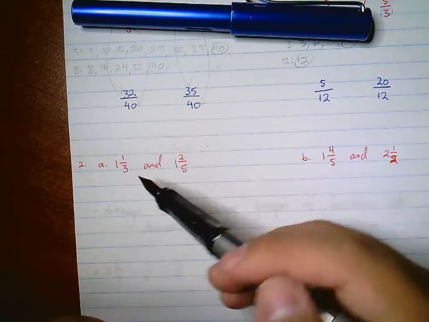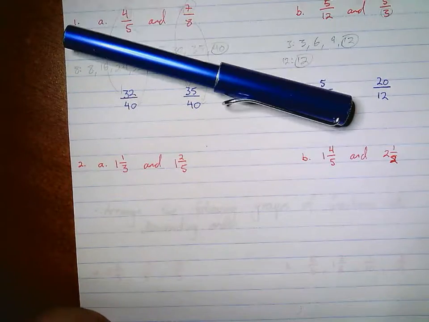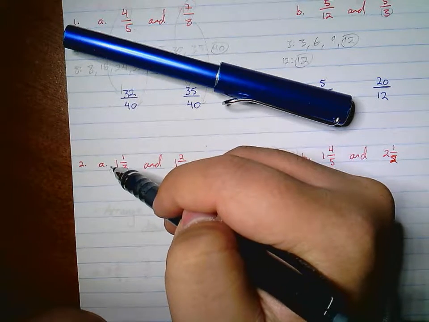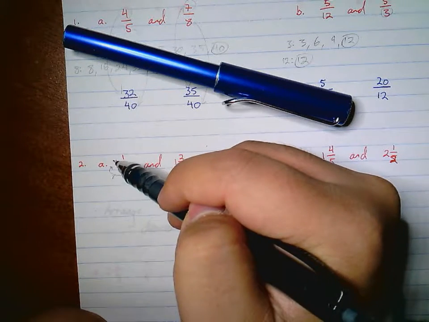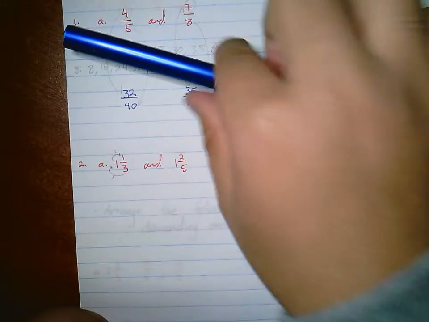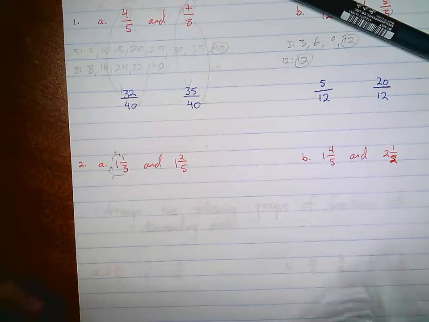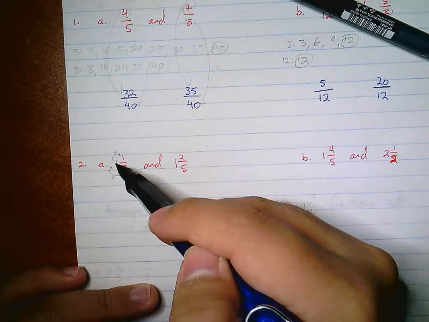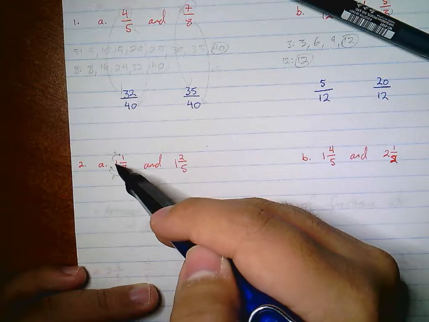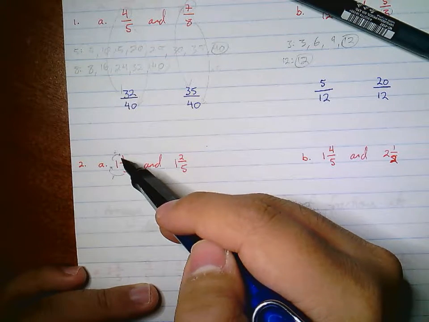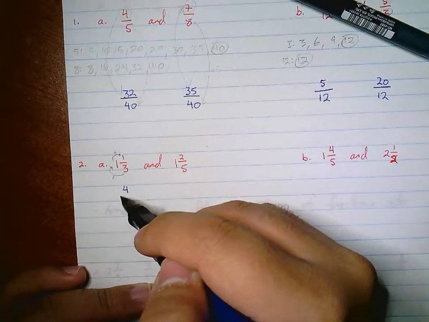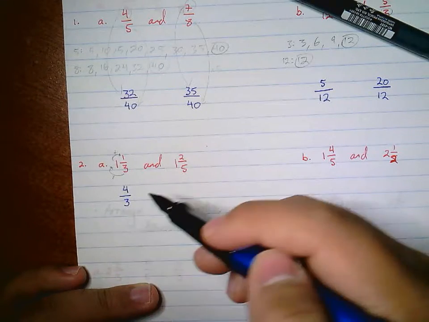In case you've forgotten how to do it, it's actually 3 times 1 plus 1. So how we do it is 3 times 1 is 3. 3 times 3 plus 1 is 4. So this becomes 4 over 3.